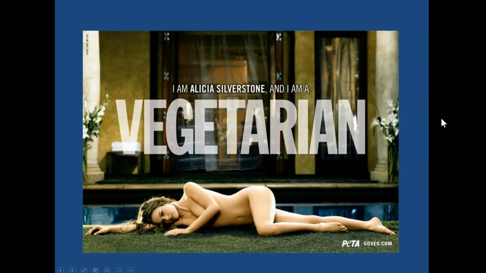Or, I am Alicia Silverstone and I'm a vegetarian. Right? So here the implied causal connection is that being a vegetarian will cause you to look like Alicia Silverstone. And again, I'm not trying to be nitpicky here. We're looking at these things from a logical perspective.